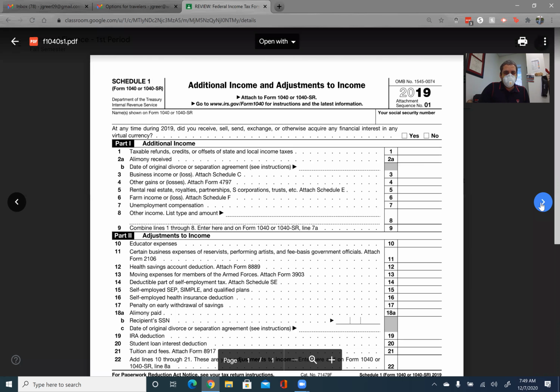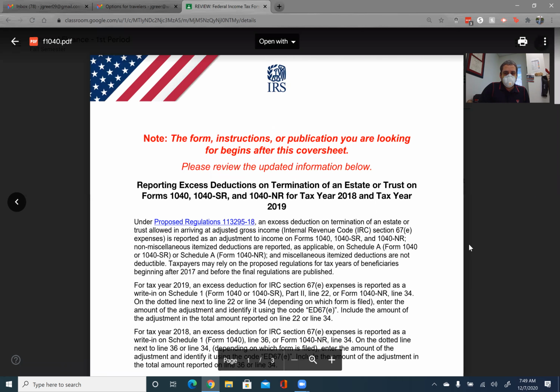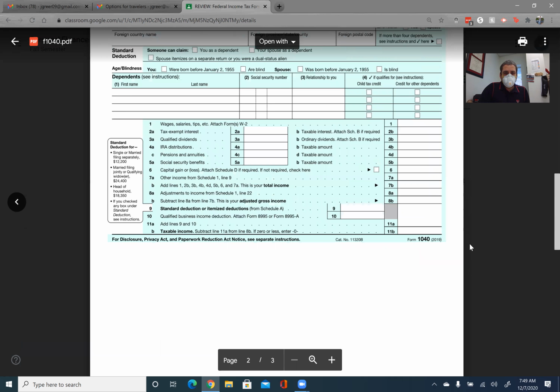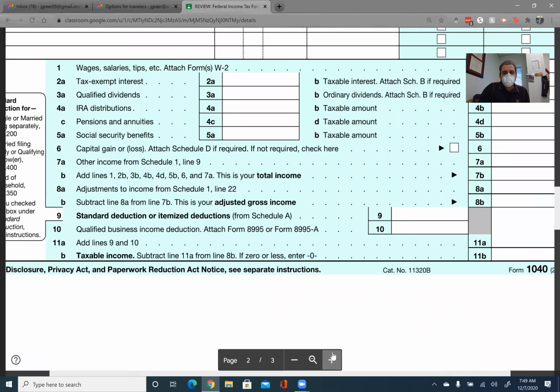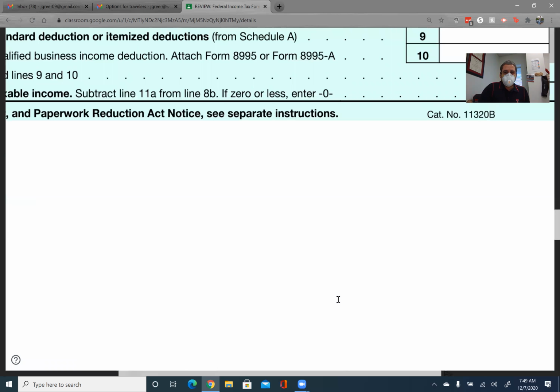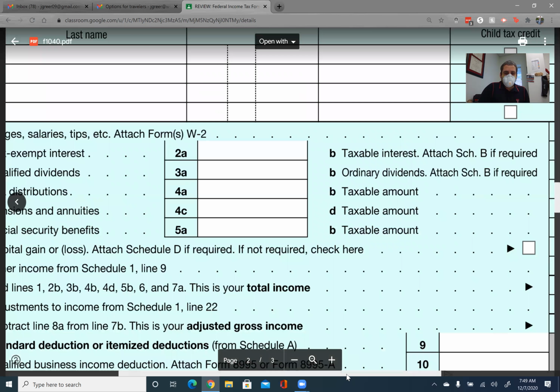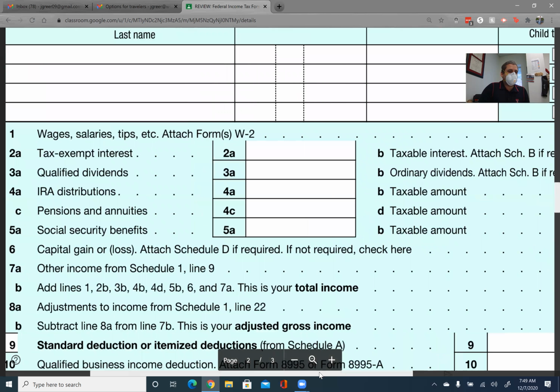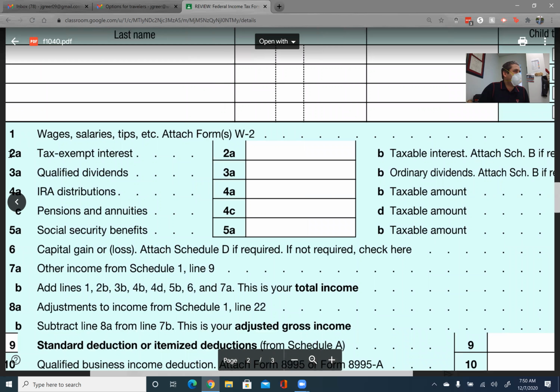And then we are going to keep lines 4 and 6 in mind, because if we go back to the 1040, okay. We stopped here at line 2 on the 1040. What do you think we put in line 2B?